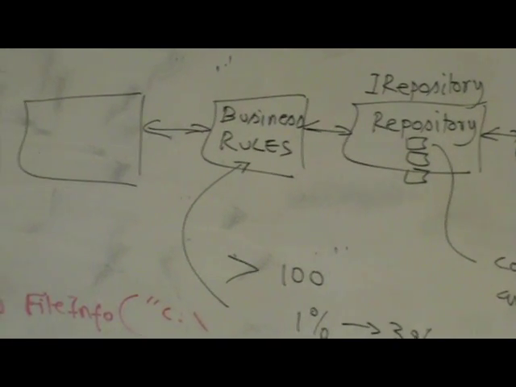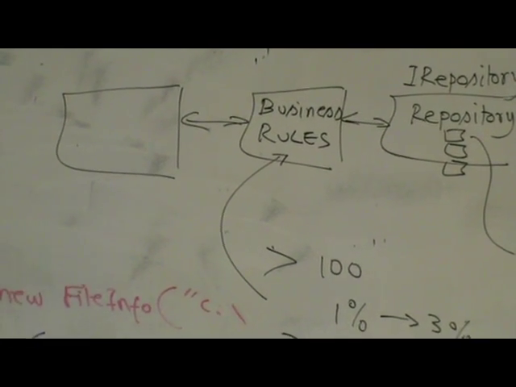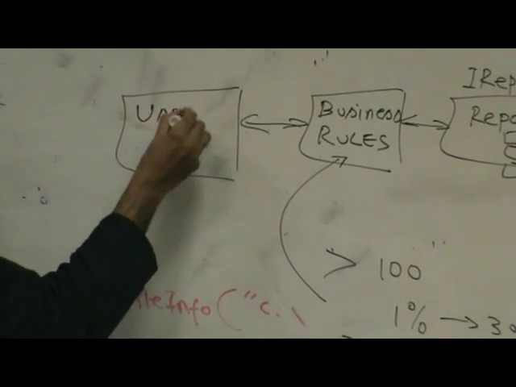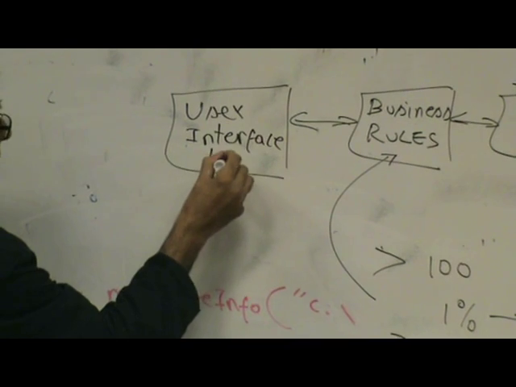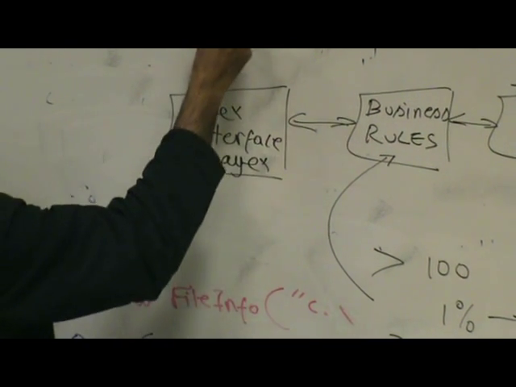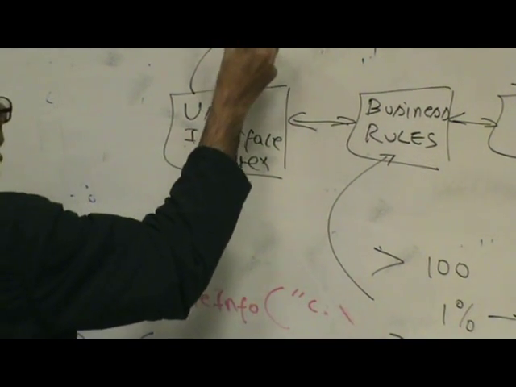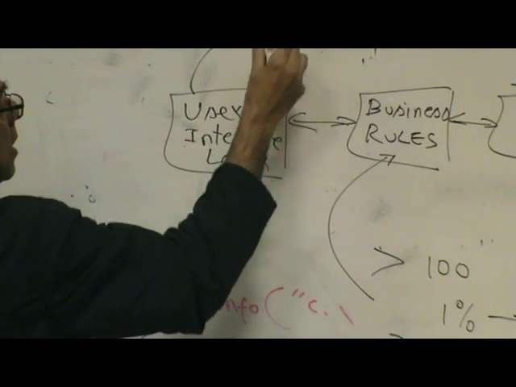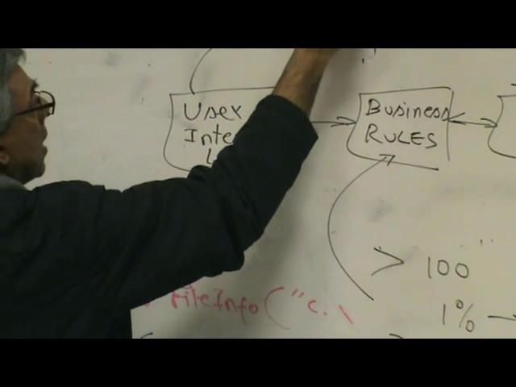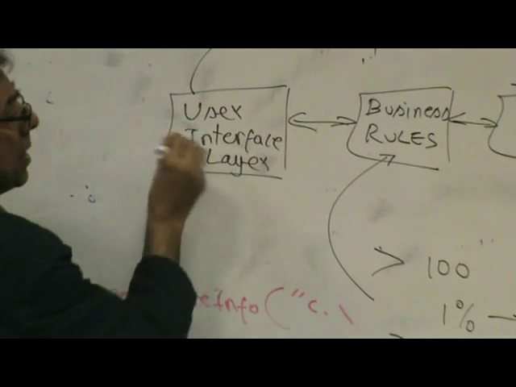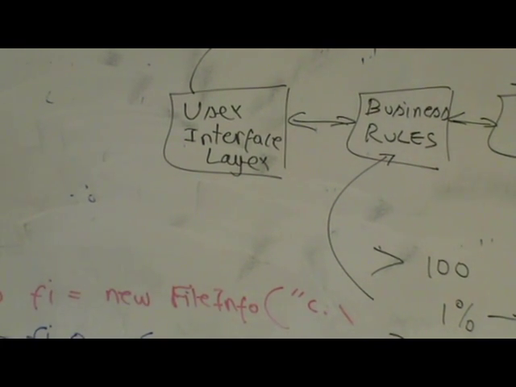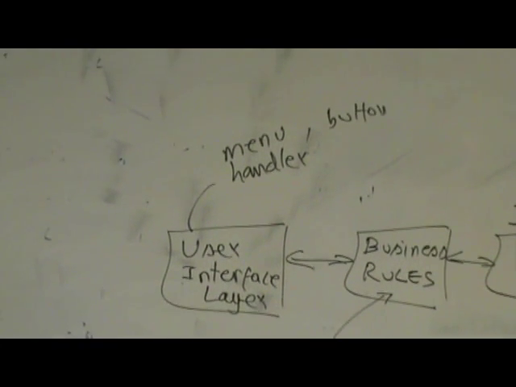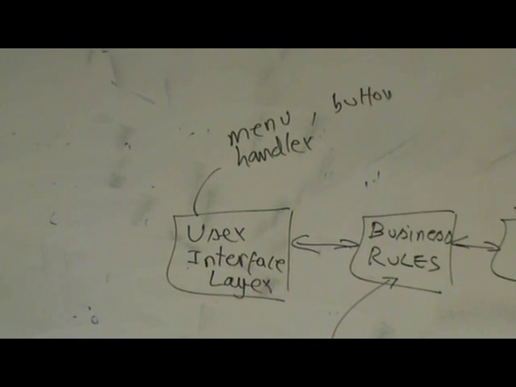So then the next layer over here is our user interface layer. This is where, for example, our menu handlers or button handlers exist. So you click on a button. For example, in our current example, we wanted to upload product information to the database.